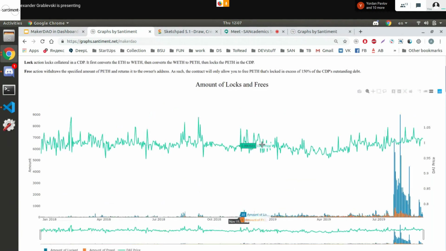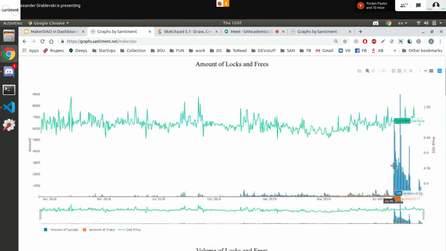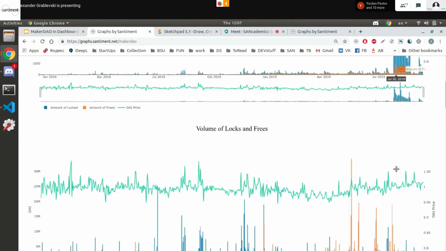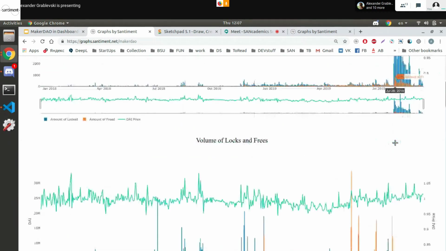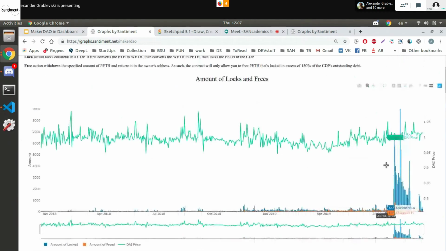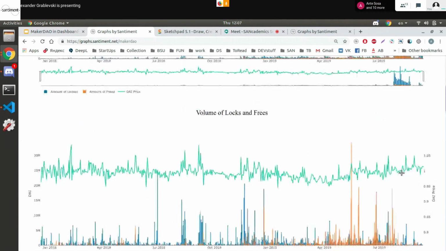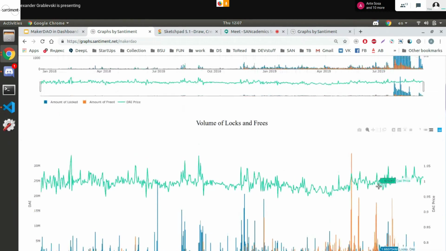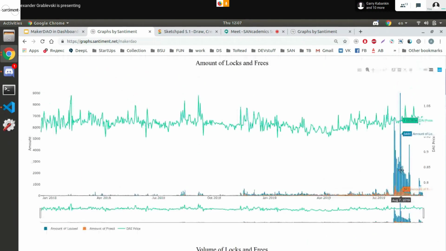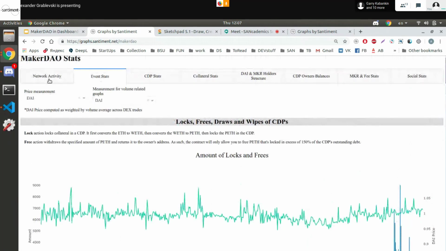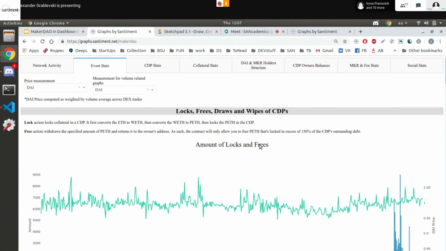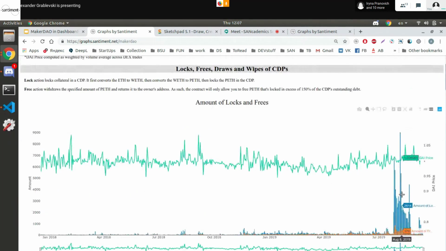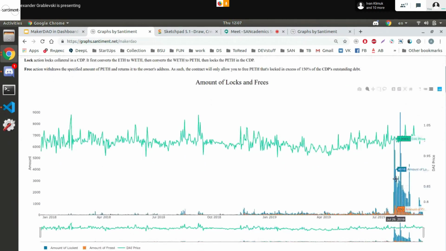Another thing is to understand some abnormal activity, and you can see it here. So you see a lot of locks and frees events via the system, but actually the volume didn't change a lot. So that's something strange. And as you remember, there was the same spike in network activity stats, and basically it's time to unleash the secret. At that point of time, Coinbase, that is one of the crypto exchanges, launched a program for its users.